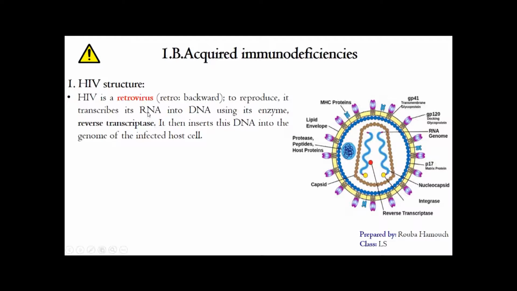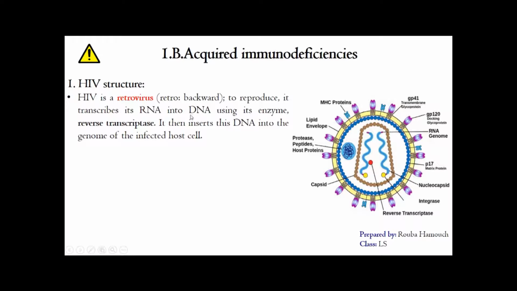That's why it is called retrovirus. And to transcribe the RNA into DNA, it uses its enzyme called reverse transcriptase. It is not an RNA transcriptase, but a reverse transcriptase that transcribes the RNA into DNA.